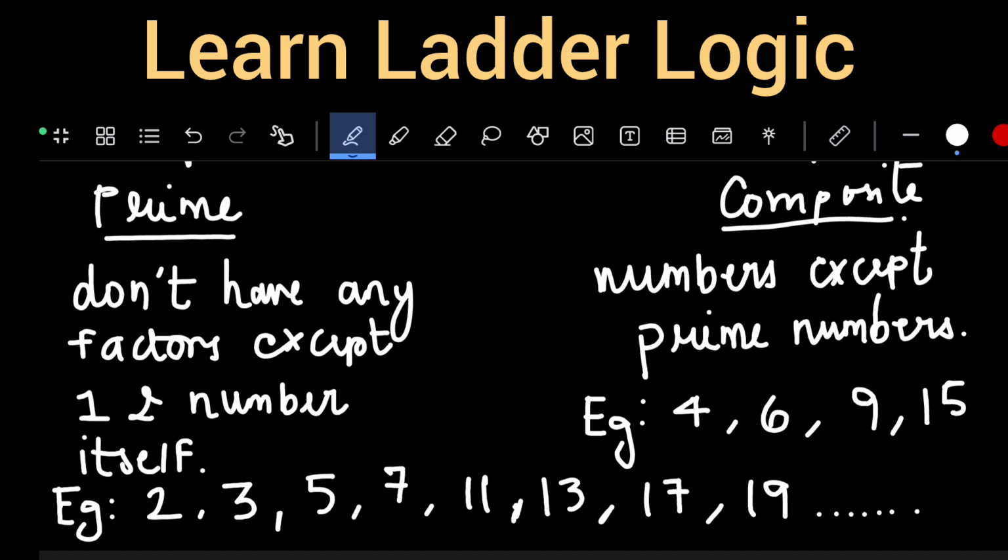And the composite number list also keeps on going. There are infinite numbers of prime numbers and composite numbers.